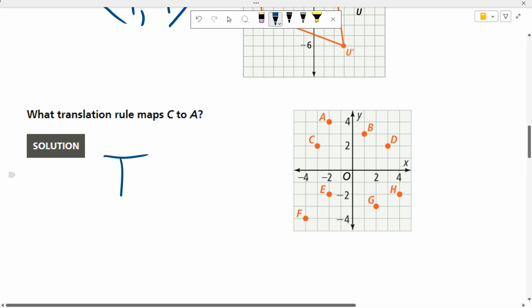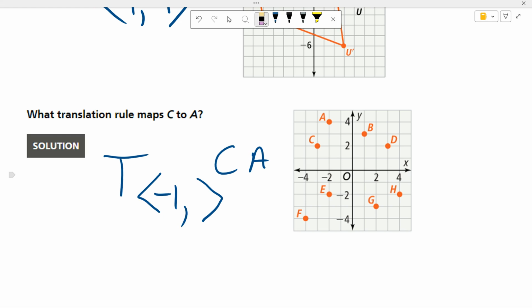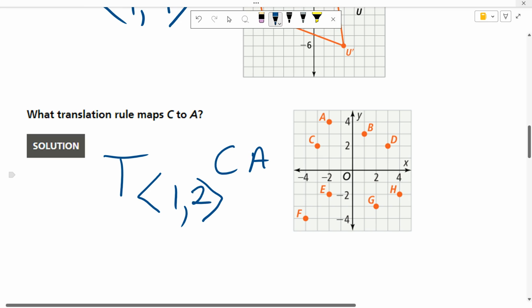What's a translation that goes from C to A? Left 1. Down or up 2. Wait. From C to A is actually right 1, isn't it? C to A. I was going A to C. C to A is right 1 and then up 2.